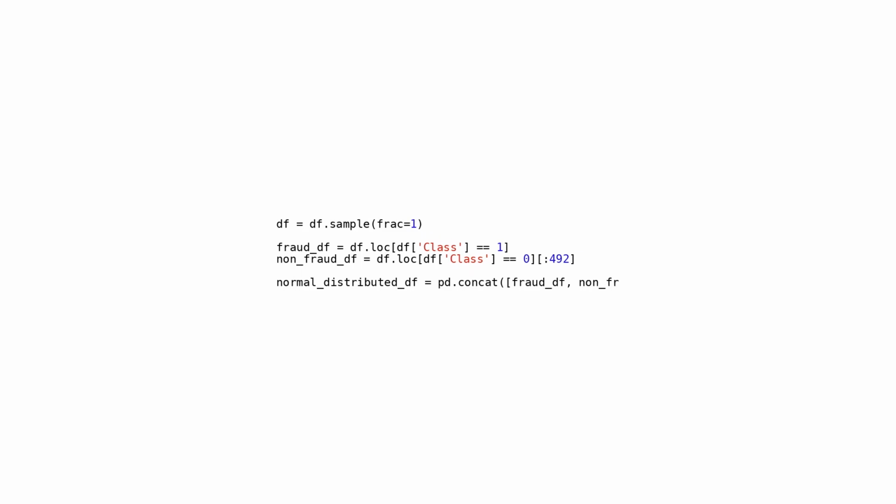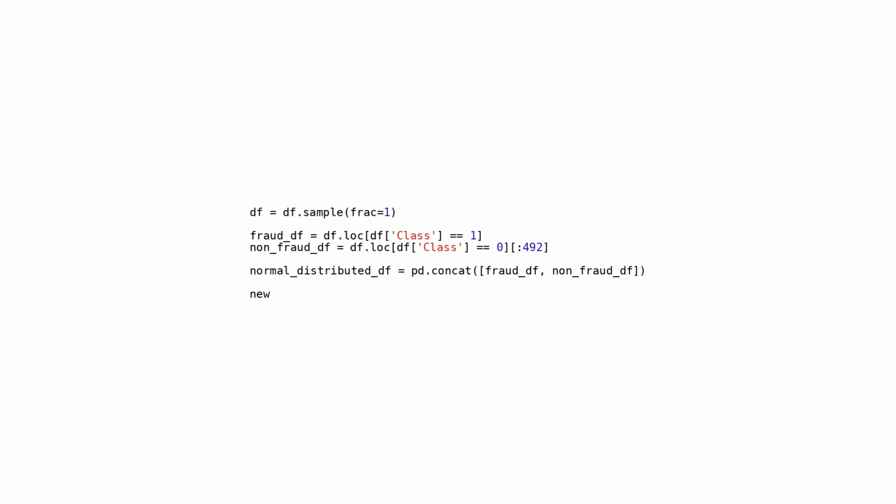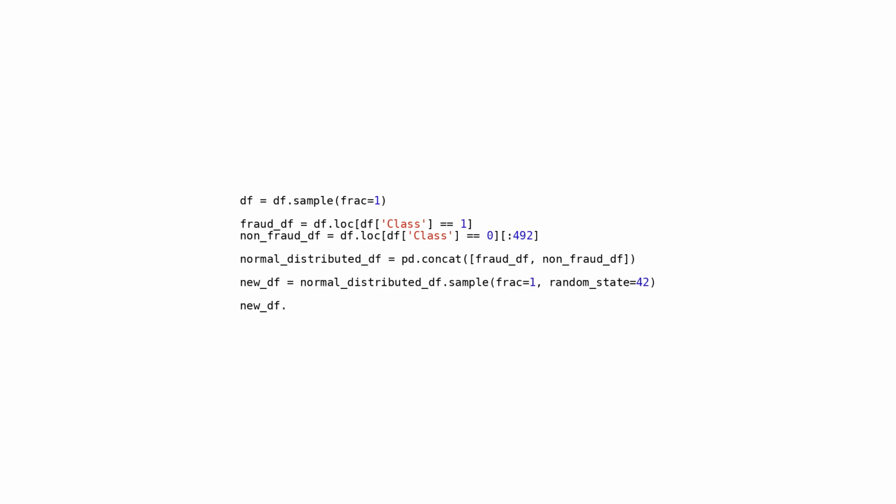The fraud_df and non_fraud_df dataframes are combined into a new dataframe named normal_distributed_df. 4. normal_distributed_df is shuffled again using the sample method with parameters frac equals 1 and random_state equals 42 for reproducibility through consistent shuffling. 5. Lastly, the initial rows of the shuffled new_df dataframe are displayed.